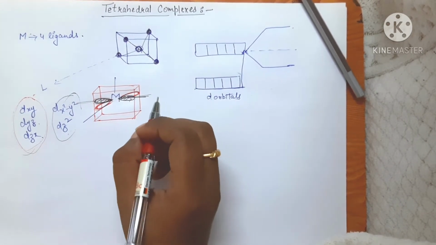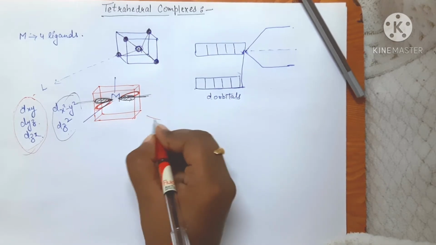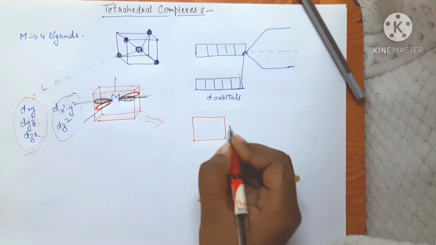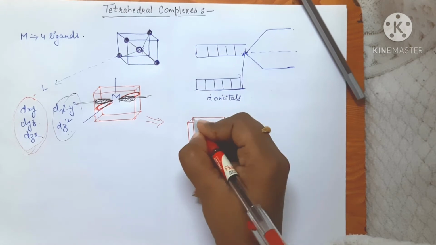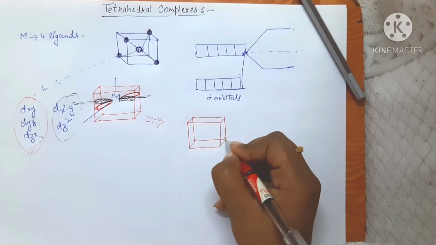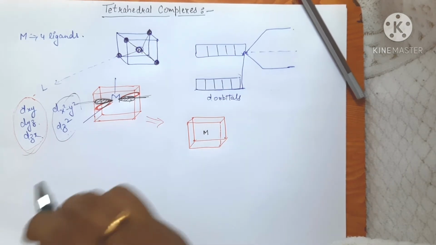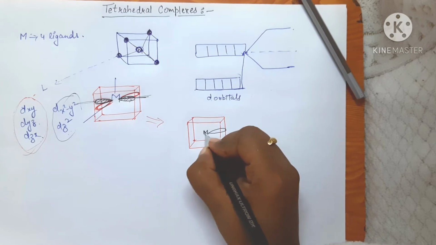If I first talk about the non-axial orbitals, then if I again draw this, you will see what happens. If here is the metal, then the non-axial orbitals are present like this, right?